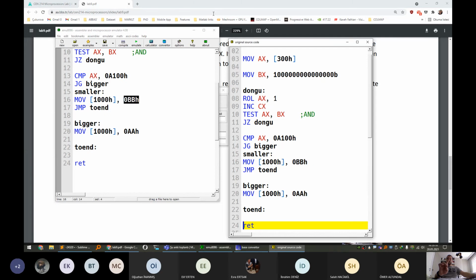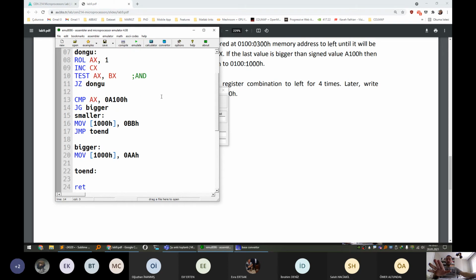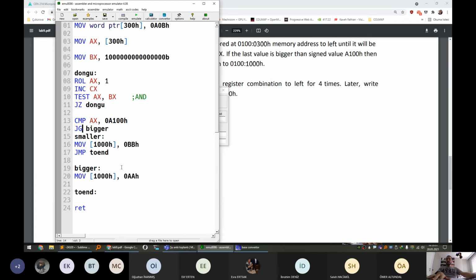So you have to be careful about choosing the jump because these numbers are signed values. In order to compare signed values, you need to use a signed jump. You can't use jump above in here, it will result in false. But we used the test function.